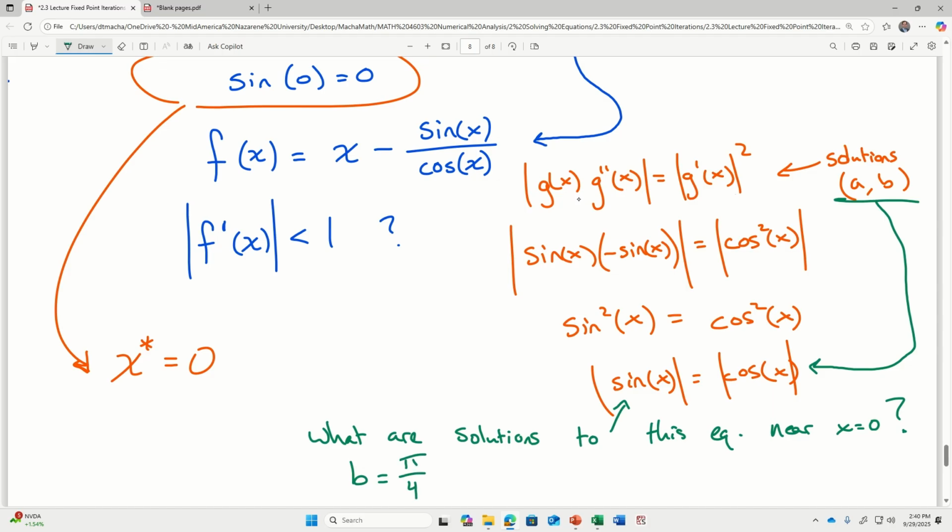So that would be larger than my fixed point, right? What's a number that's less than my fixed point? What's a number that's less than 0 for which the absolute value of sine is equal to the absolute value of cosine? Negative 3 pi over 4. Perfect. Negative pi over 4.